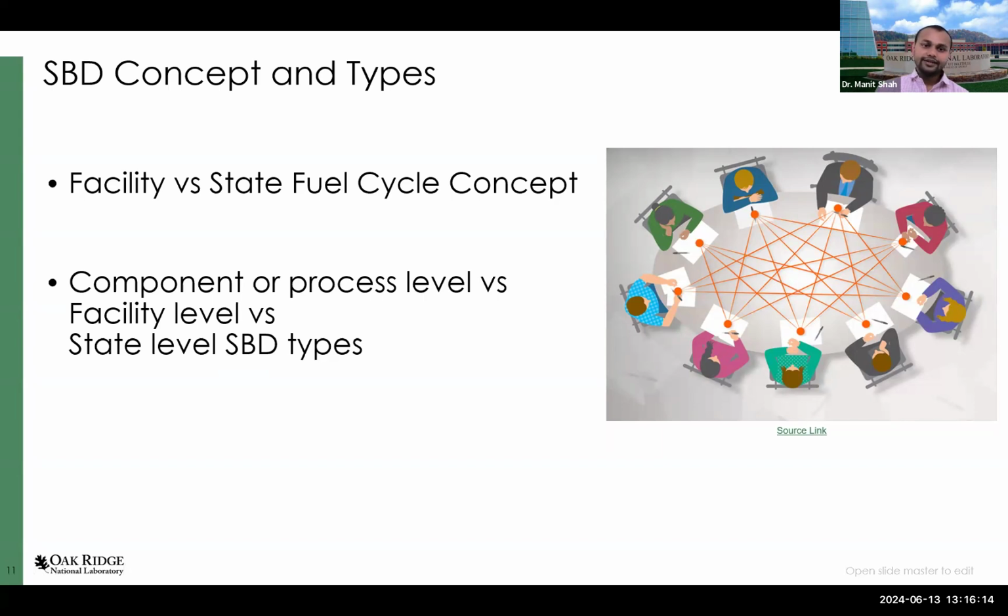When we look at the facility level, it's essentially designing the facility and providing the IAEA with what the change is at the facility level. And then state-level safeguards by design would be, in some sense, the state infrastructure needs or efforts to make provisions for accounting for safeguards. Things like that would be at the state level.